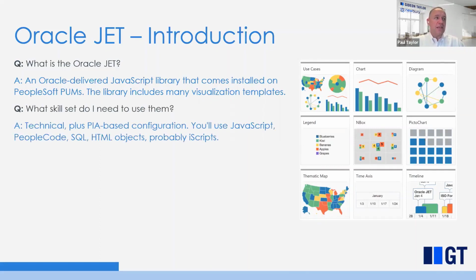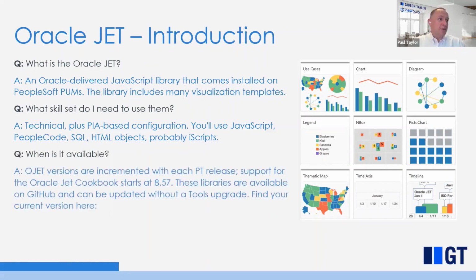The skill set that you need is heavily technical, and then there's some PIA-based configuration on top. You'll end up writing JavaScript, and you'll use PeopleCode, SQL, HTML objects, iScripts, all kinds of cool stuff. So techies, this is the stuff you want to talk your manager into letting you do because it's fun and exciting.